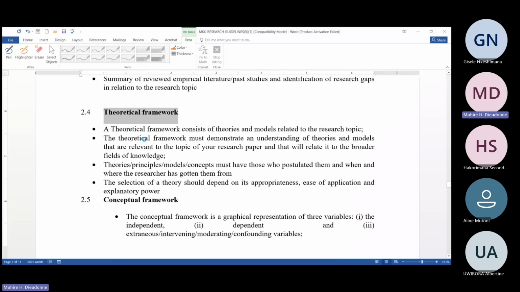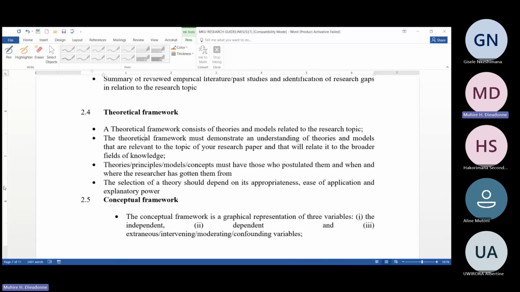And also we have a theoretical framework. A theoretical framework is where you demonstrate the theory or model which is relevant to the topic or your research paper, and maybe some principles related to that. For example, in nursing, we have the Nightingale theory.